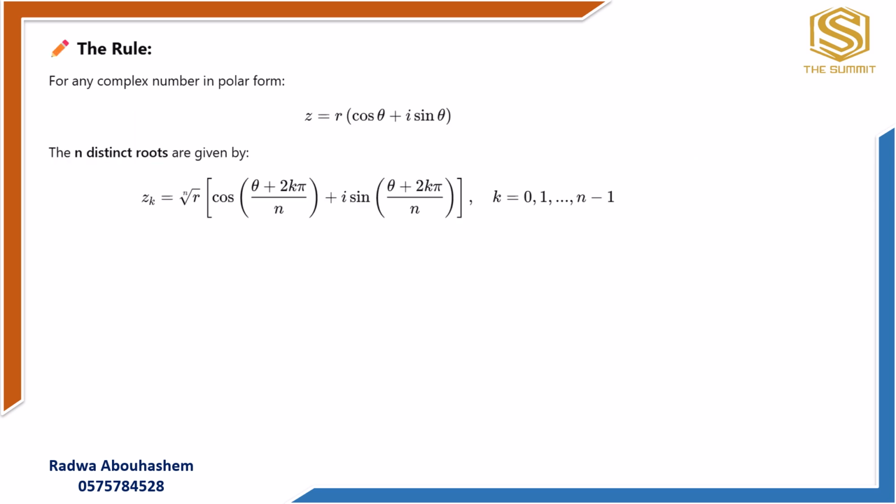Here is the last rule that we're going to take for this chapter: how to get the distinct roots for any complex number in the polar form. I have here a complex number represented in the polar form. R is the modulus, and theta is the argument. This is the mathematical expression for that.